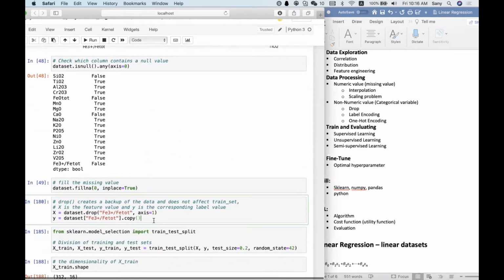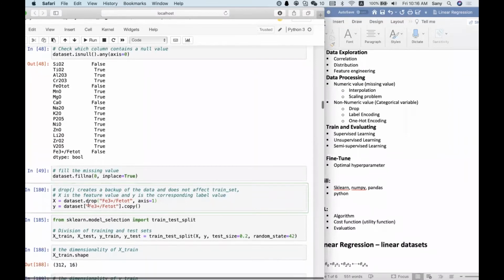It's okay to put them into separate datasheets, but I put them on the same datasheet, so I should divide them manually. I create a duplicate, and I let the y be this column.